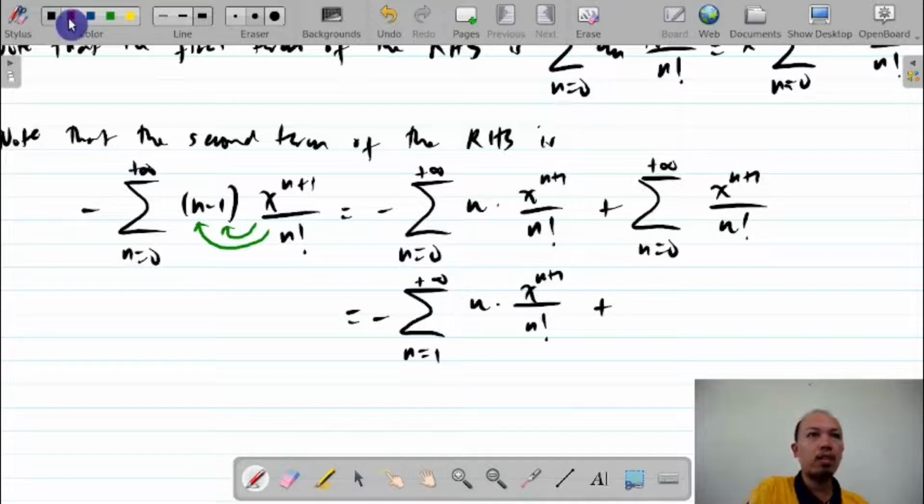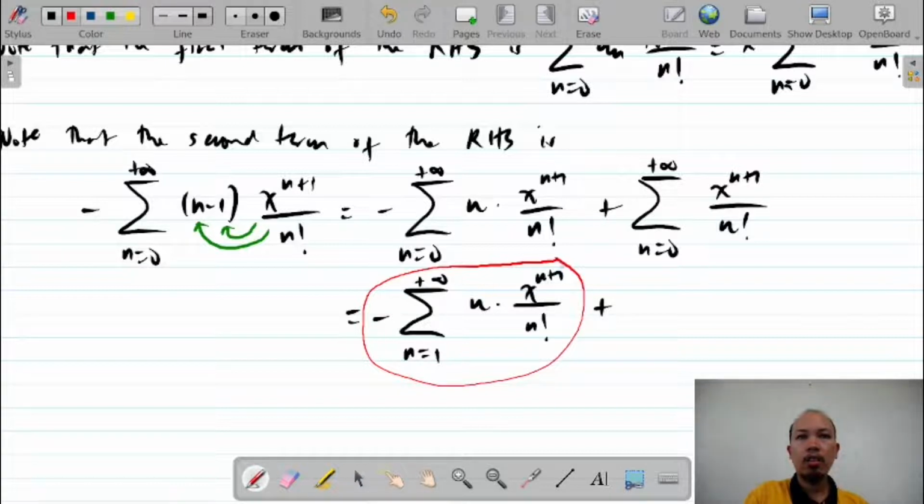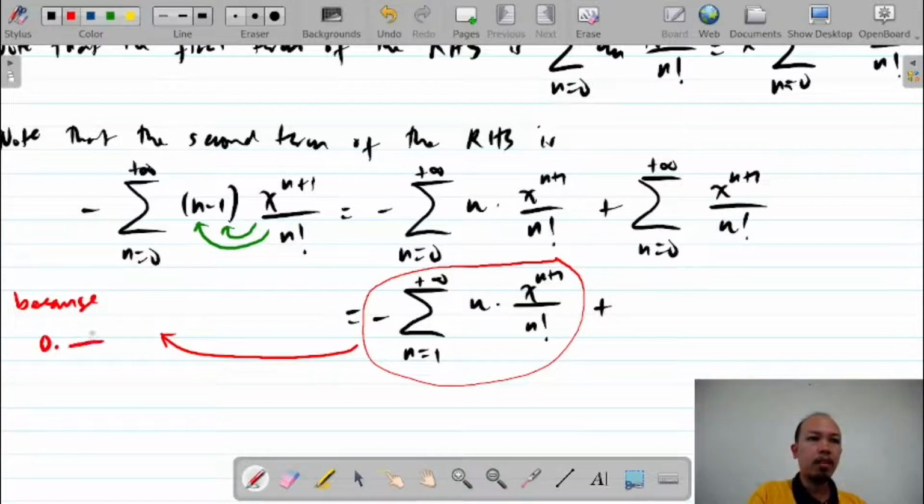The reason is that 0 times x to the 0 plus 1 over 0 factorial is 0.